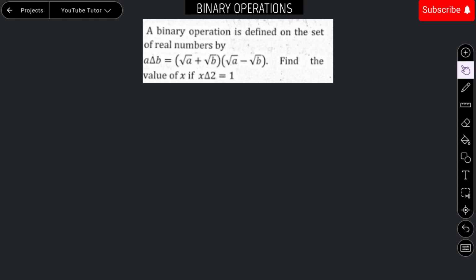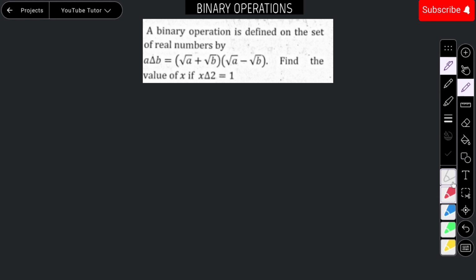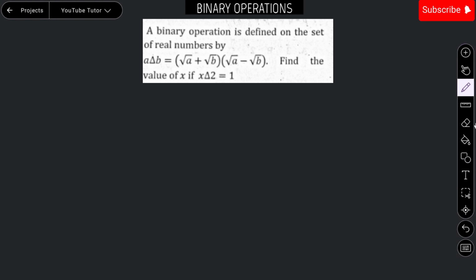So this is a very interesting question, and I'm going to walk you through how to solve it systematically without any challenges. So to start with, we have A triangle B. Let me rewrite it.